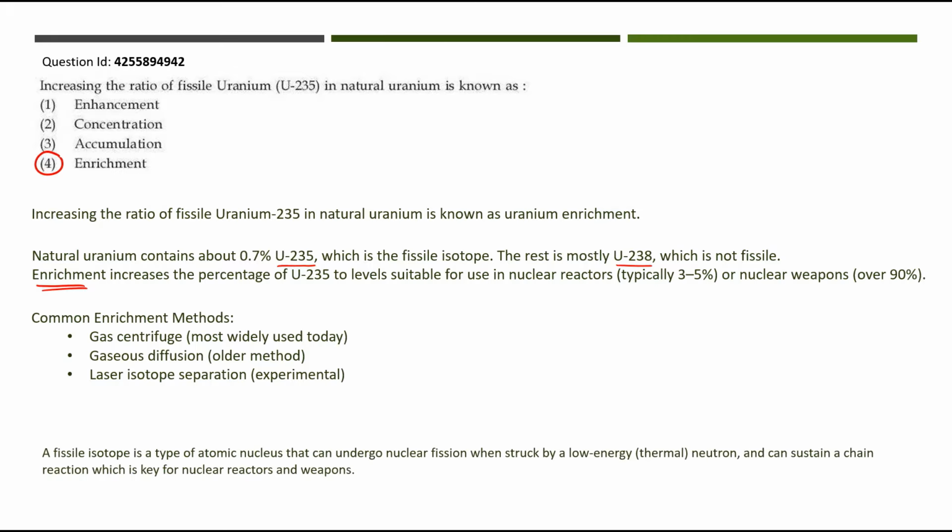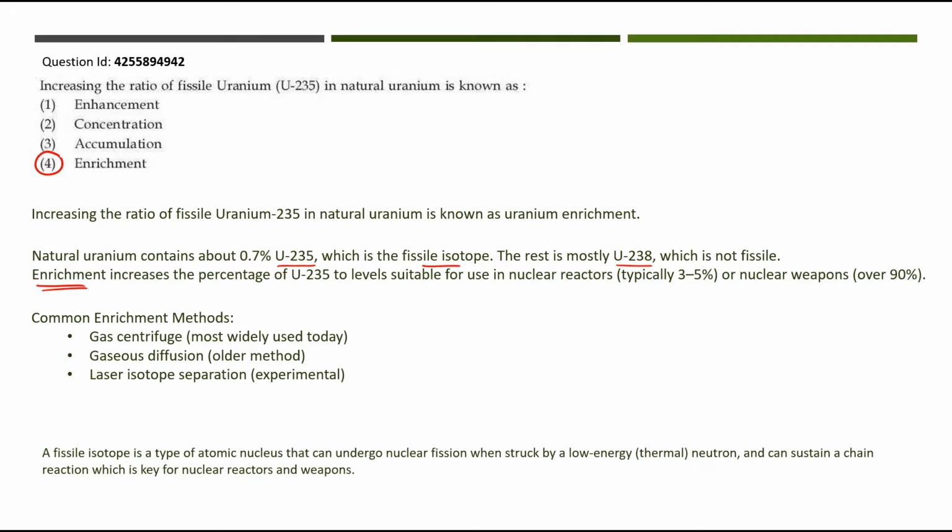So we have seen a term called fissile isotope. What is a fissile isotope? It's a type of atomic nucleus that can undergo nuclear fission when struck by a low-energy, that is a thermal, neutron, and can sustain a chain reaction, which is key for nuclear reactors and weapons. When you take a lengthy cracker, once you just burn the corner, it keeps on giving a chain reaction and it will completely burst everywhere. Similarly, take it for a nuclear weapon.